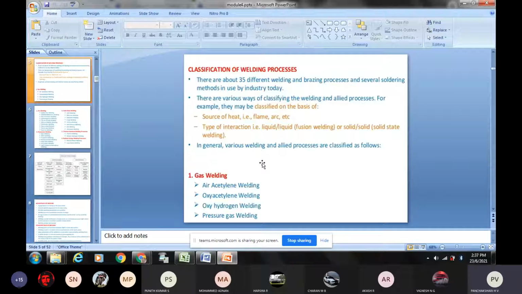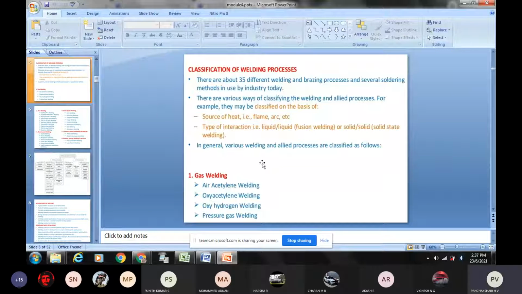That sheet thickness is very small, like 0.1 millimeter, 0.2 millimeter, 18 gauge, 20 gauge. At that thickness, it is not possible to weld by other methods. Therefore, gas welding is most suitable for that purpose.